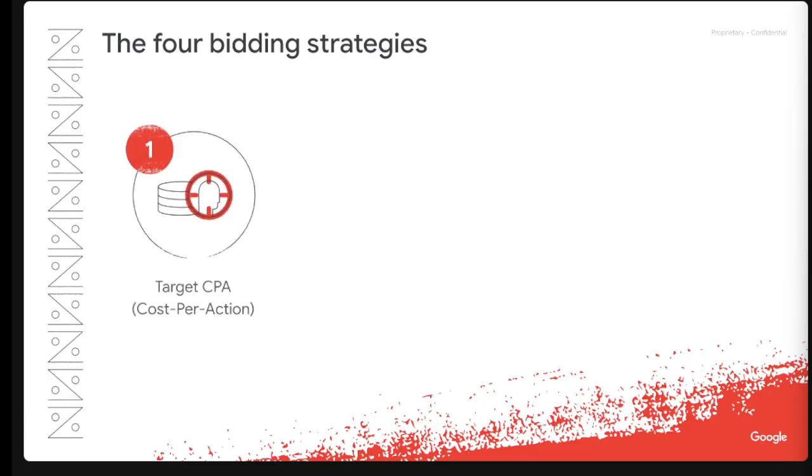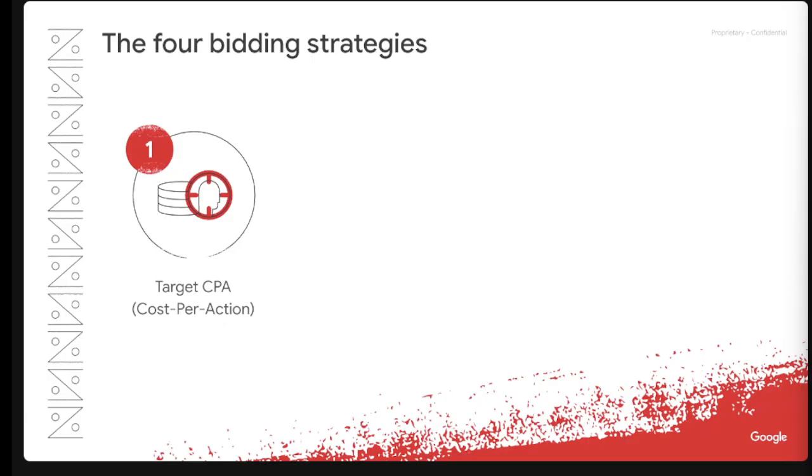The 4 main bidding strategies are as follows. So when we say target CPA, CPA means cost per action. So this is ideal if you want a specific action like a registration or purchase. You set the maximum you'll pay for this action.